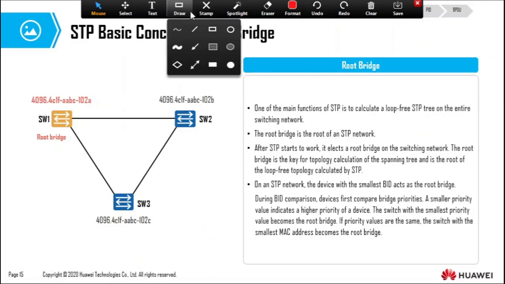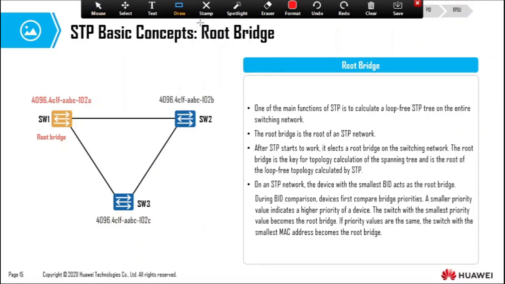So the root bridge, in summary, will be the center of the tree. You've said STP forms a tree topology. So at the very center of the tree, at the very top, that is where we have the root bridge. The root bridge is the root of the STP network.